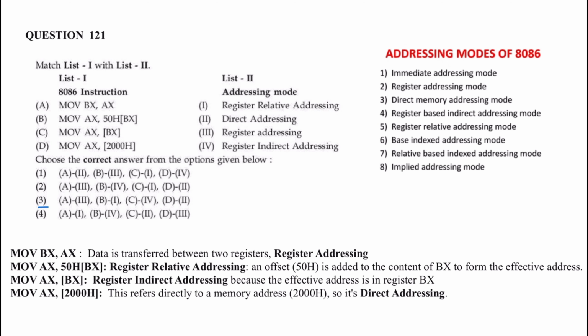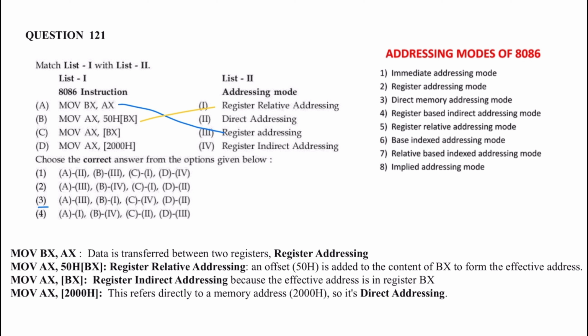Next question. It is related to addressing modes. Move BX, AX. The data is transferred between two registers. So register addressing. Move AX, 50H[BX]. Register relative addressing. An offset 50H is added to the content of BX to form an effective address. For B it is register relative addressing.